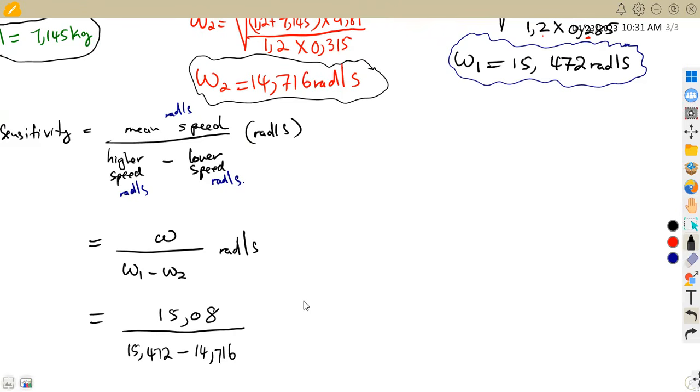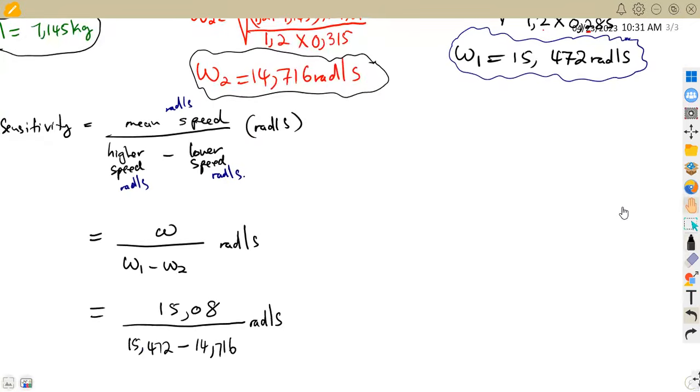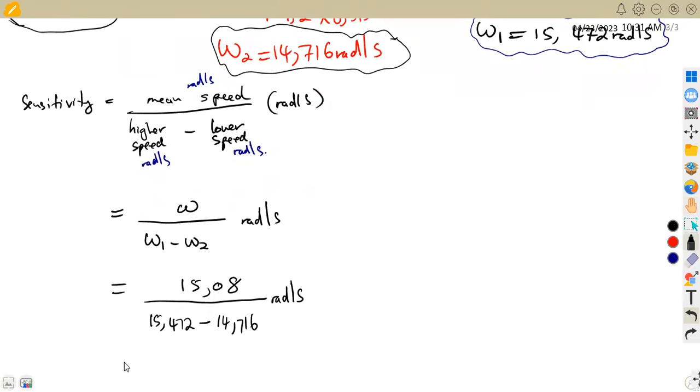Since these units are in rad per second, our answer is also in rad per second. So our sensitivity is going to be 19,947, something like that, in rad per second. That's our final answer for sensitivity.